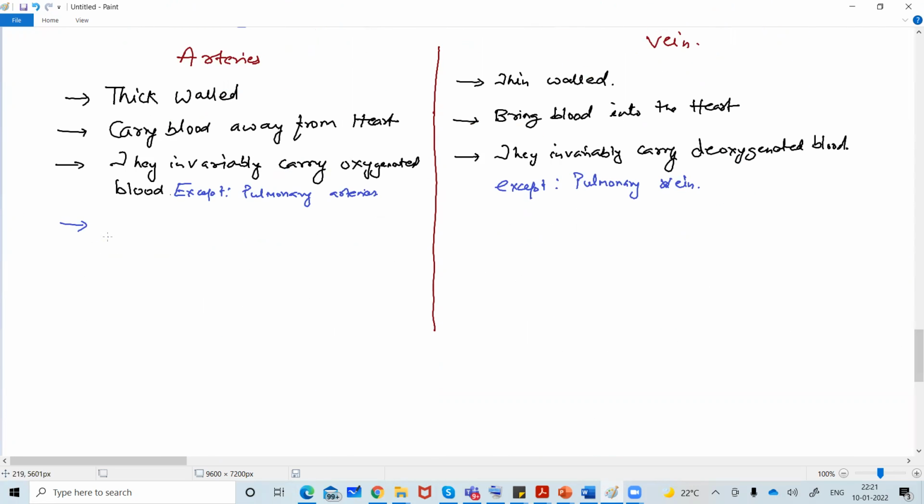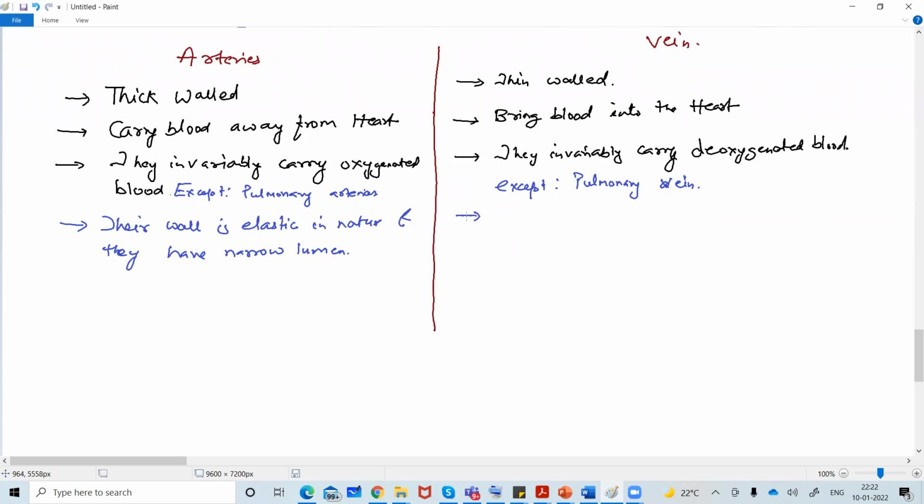So we'll write the fourth difference: their wall is elastic in nature and they have a narrow lumen. And here you can say the reverse.